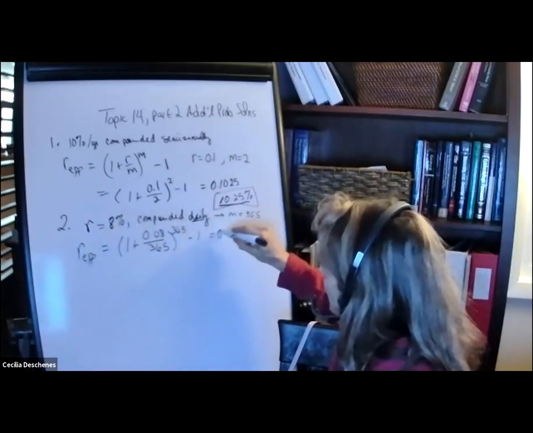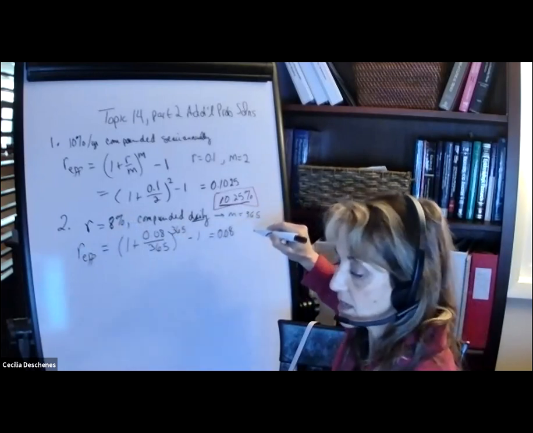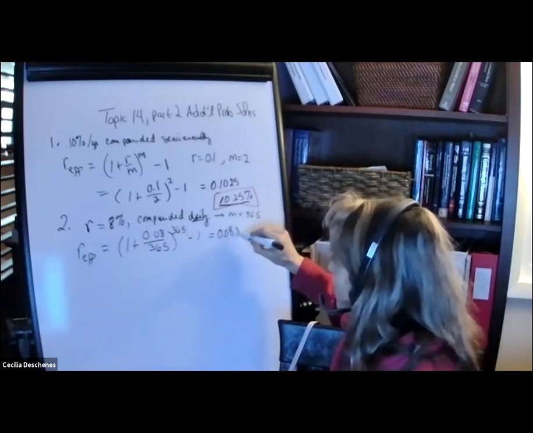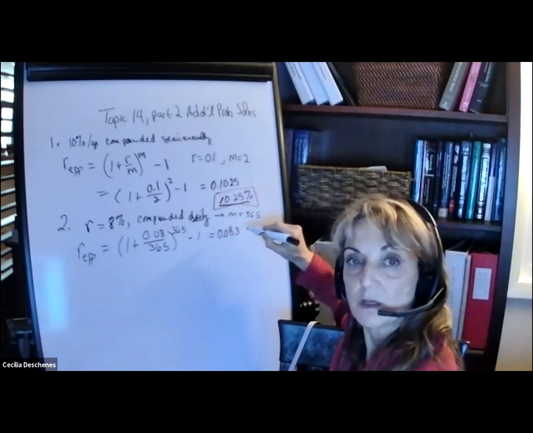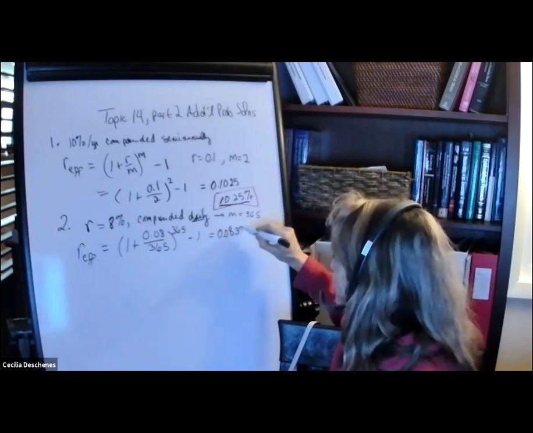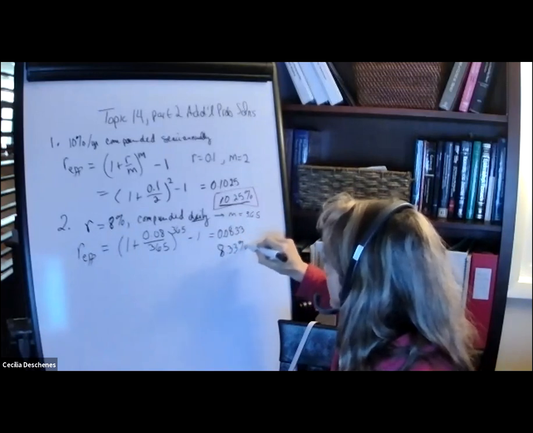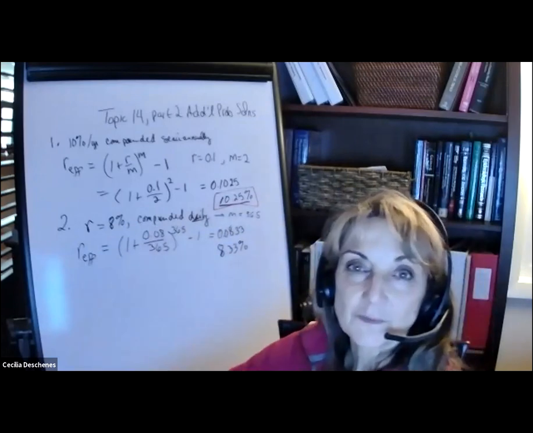That's a good check that you've put everything in your calculator correctly, because I get 0.0833, so that's 8.33%.